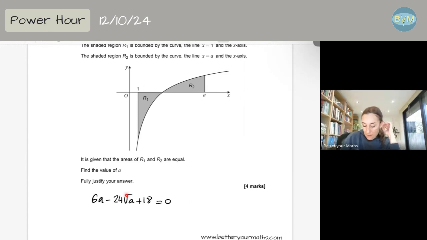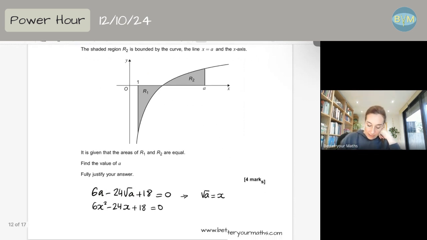So I have something and the same something squared. So you can change variables if you want. You can write that root a is x, and then you are going to solve 6x squared minus 24x plus 18. Or if you don't want to change variable and carry on with the root a, it's completely fine. So let's factorize this one.